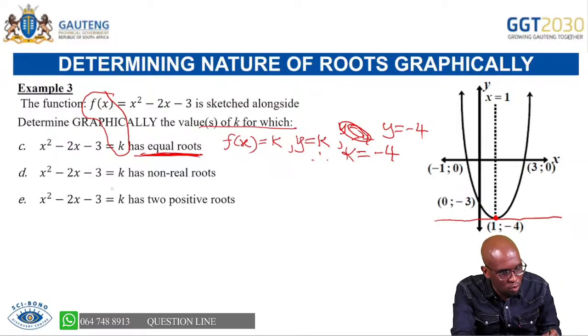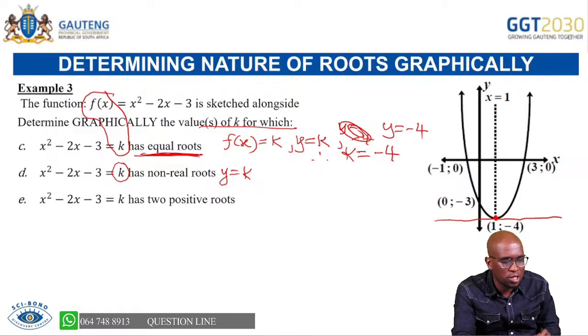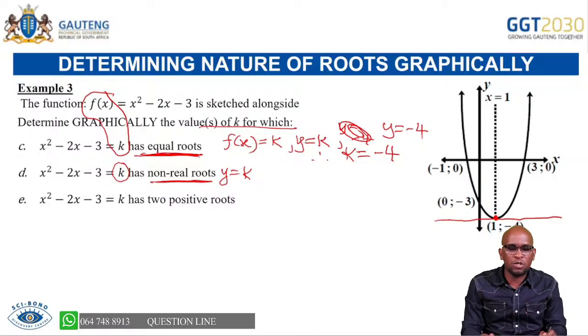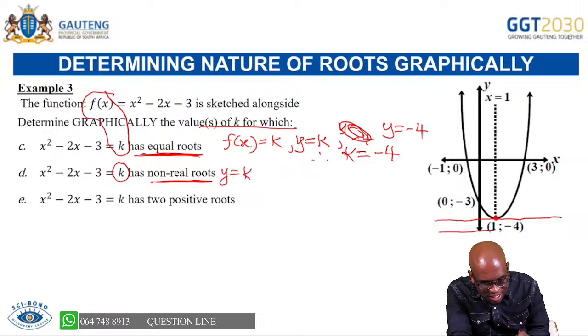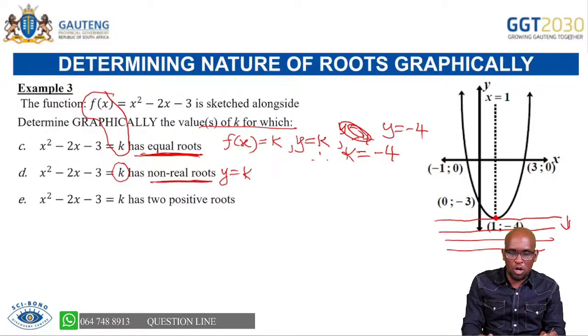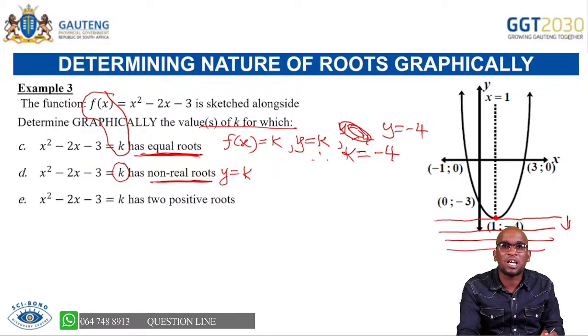And then now the second one, you can still see that we are moving a line y is equal to k also here, but we have to place it such that we do not have any roots, which means that the line must not touch any part of the graph. If you draw the line here, it does not touch. So any place below the turning point, you can see that the line will not touch the graph.